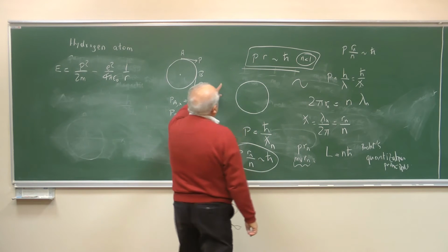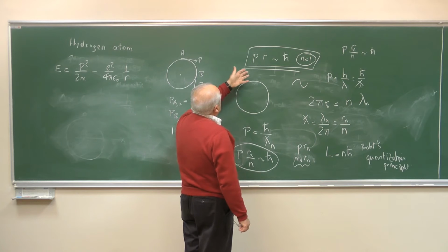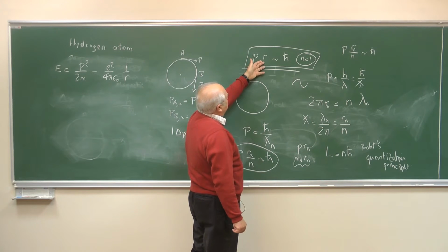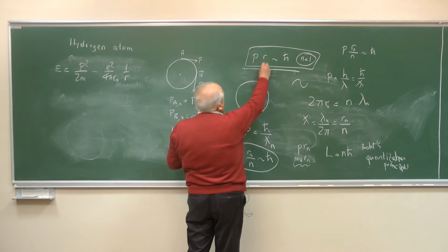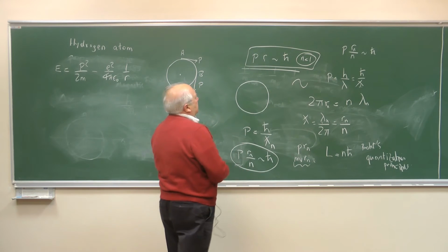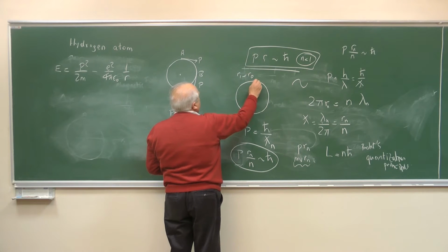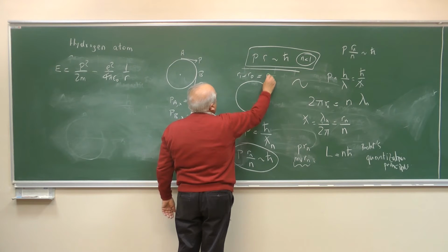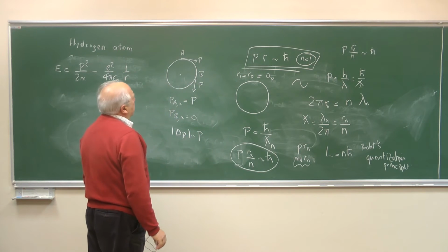So delta P is of order P. Delta, the uncertainty in position, is of order R. So this is basically R1. But R1 is usually referred to as R0. Most of the time it's called A0, the Bohr radius.